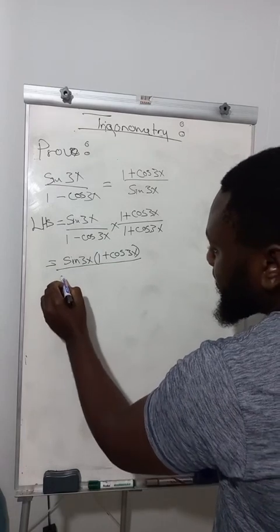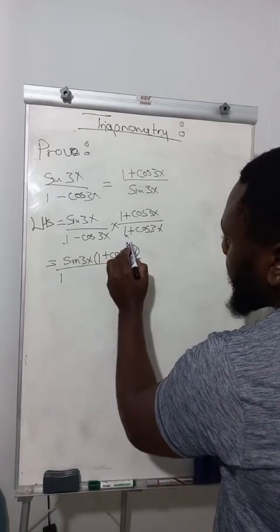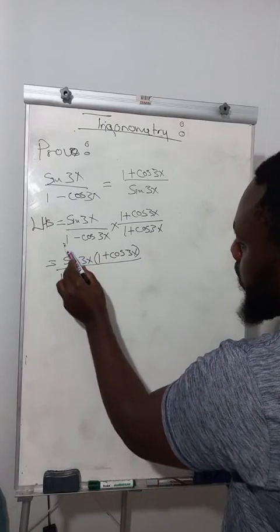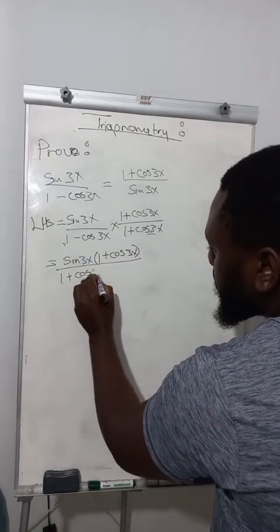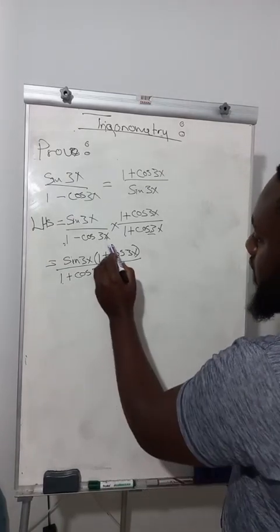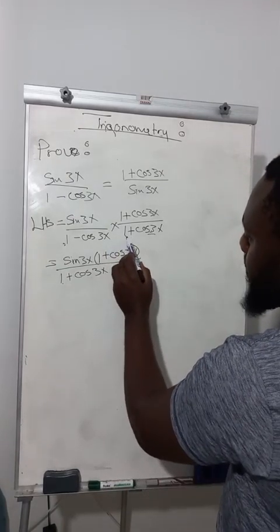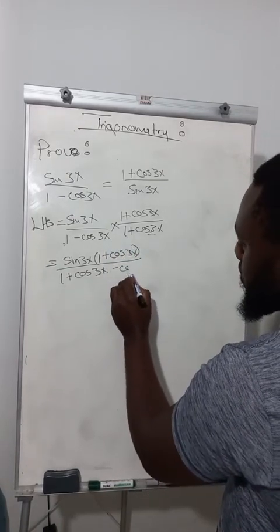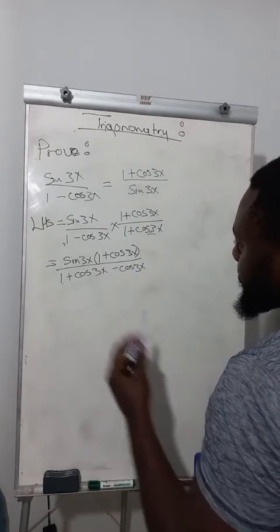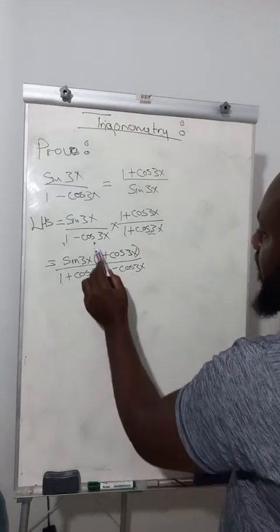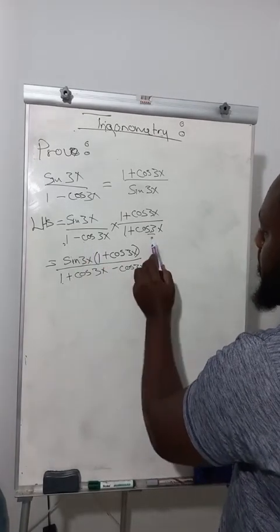Let me write everything. 1 multiplied by 1 gives you 1. And then 1 multiplied by cos 3x gives you cos 3x. And then negative cos 3x multiplied by 1 gives you negative cos 3x. And then what's left? You are having negative cos 3x multiplied by positive cos 3x.